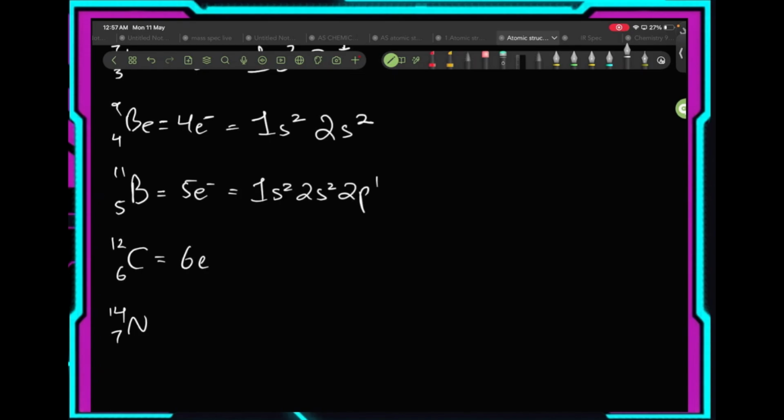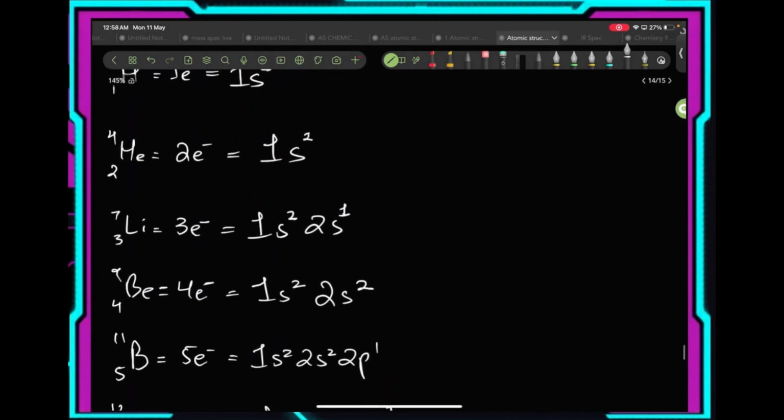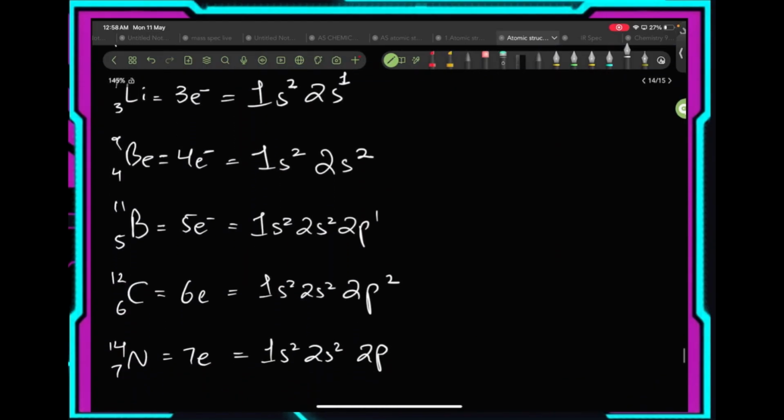Carbon has 6 electrons. It would be 1s2, 2s2, and 2p2. What about nitrogen? Nitrogen has 7 electrons. 1s2, 2s2, 2p. Should I move further, because 2p has 2 electrons now? Yep, it can not only accommodate 2, 3, 4, 5, it can accommodate a total of 6 electrons.